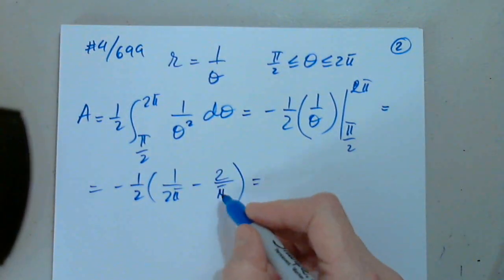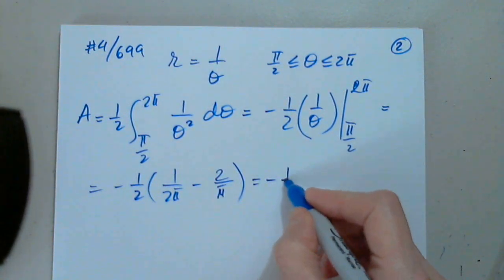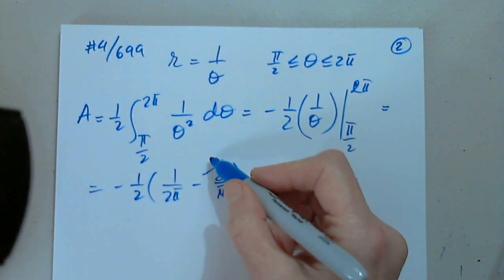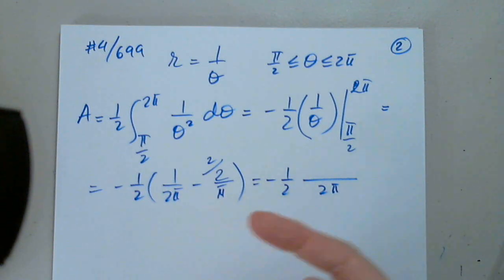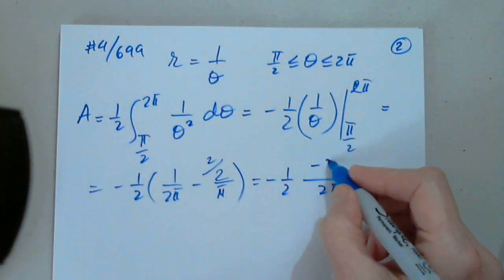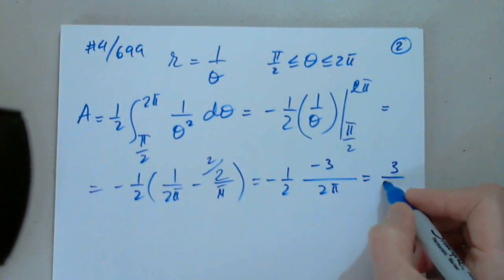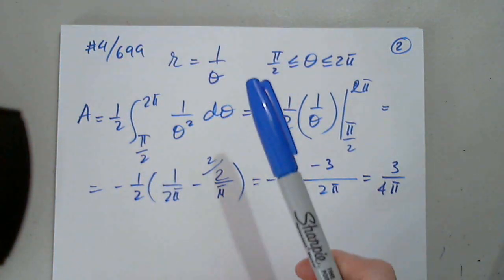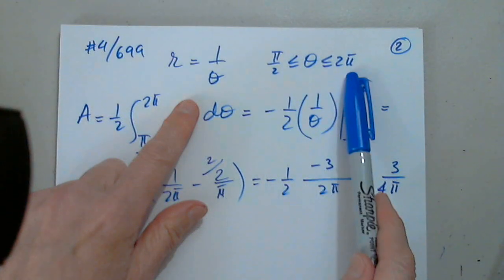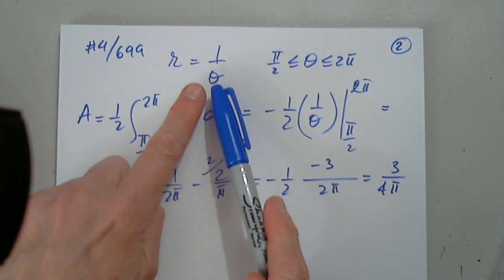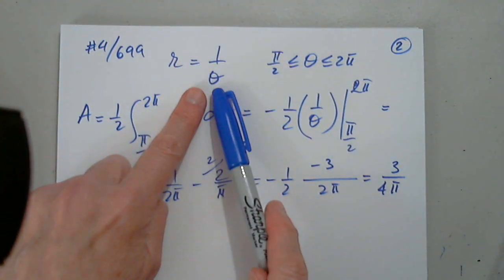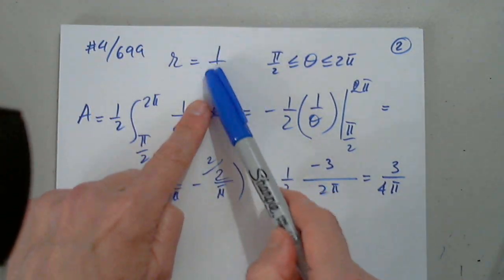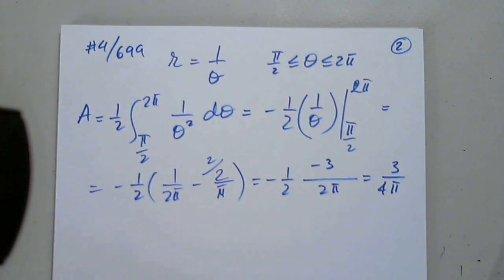The least common denominator is 2 pi. 1 minus, and this one needs a 2. So 1 minus 4 is negative 3. So this will be 3 over 4 pi. And that is the area enclosed between pi over 2 and 2 pi of this loop, or whatever. We didn't graph it, so whatever this represents.